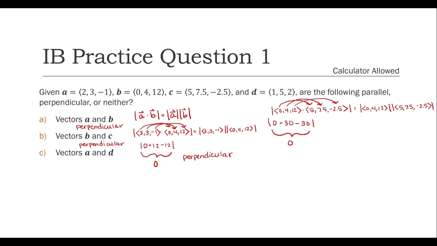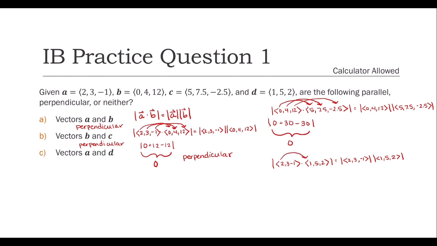Finally, we have vectors A and D. So we'll have (2, 3, -1) dot (1, 5, 2) equals the magnitude of (2, 3, -1) times the magnitude of (1, 5, 2).